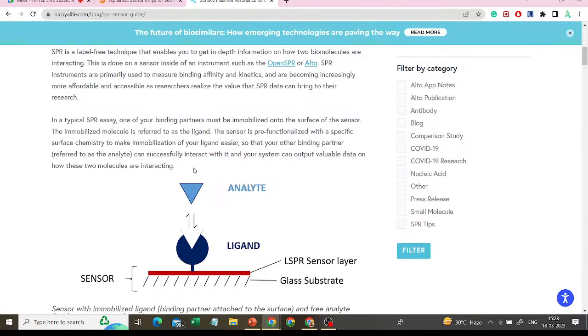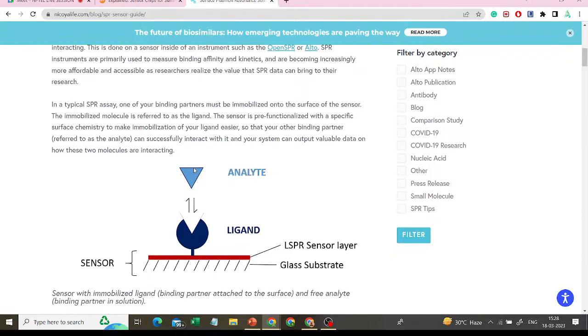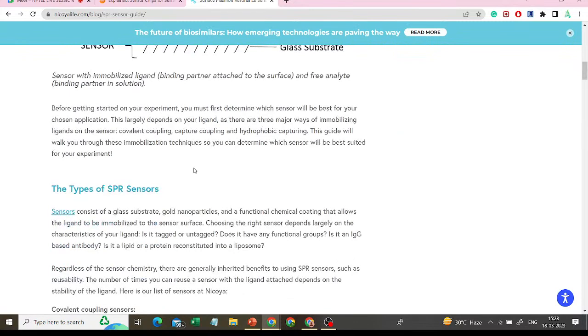So that's why you need a sensor with a specific surface chemistry that will help your ligand to get immobilized. Before determining which sensor will be best for your chosen application, as we were going through, you need a covalent sensor for covalent immobilization, or you can go through ionic affinity based immobilization.